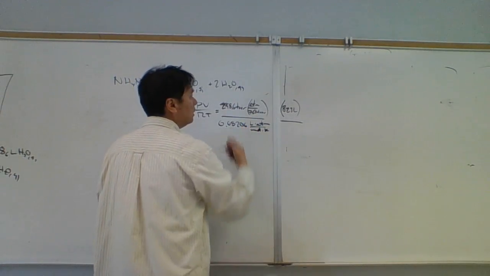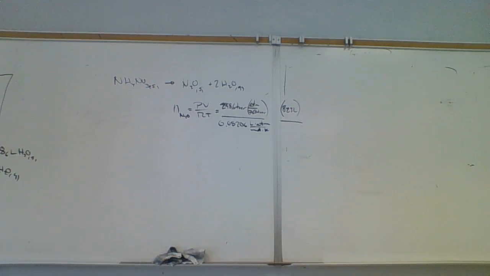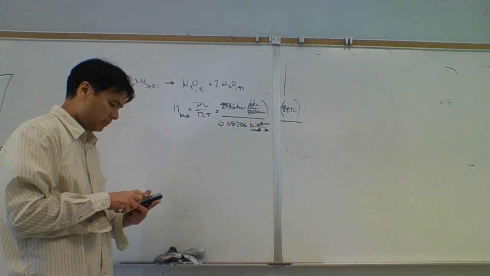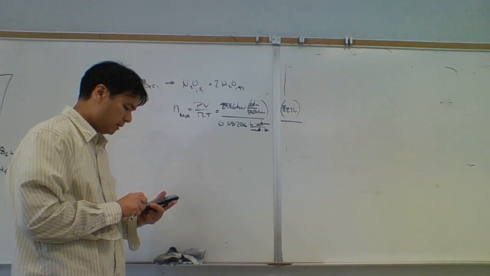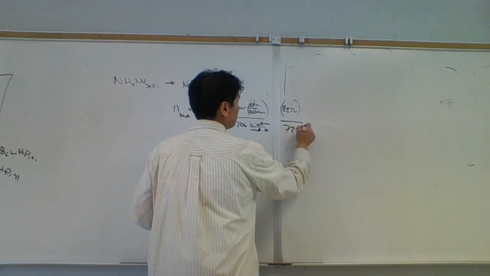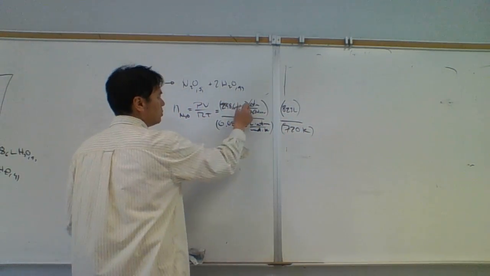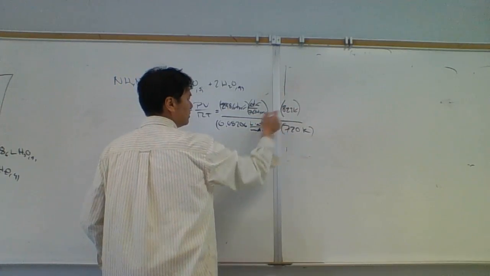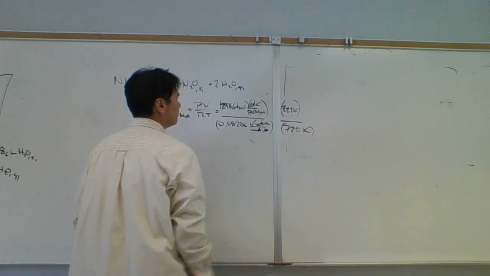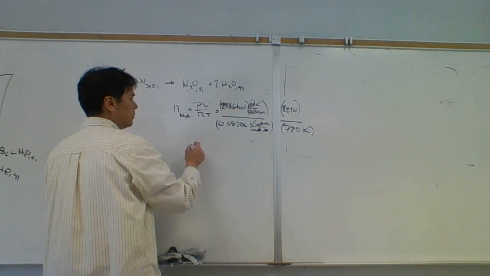T is the temperature, 447 degrees C. So I'm just going to calculate that: 447 C plus 273 is 720 Kelvin. So torr cancels, atmosphere cancels, liters cancel, Kelvins cancel. And that gives me 1 over moles. So if we invert, multiply, we get moles.